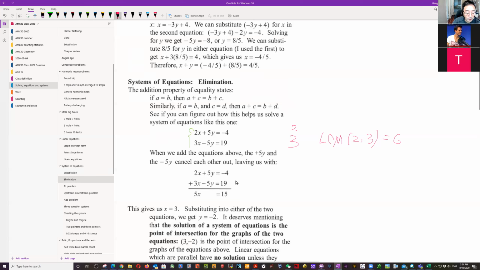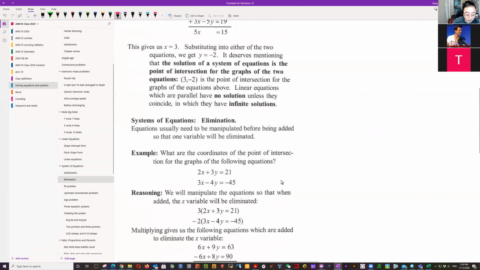So basically, in elimination you do the LCM of the different coefficients first. For this one I can eliminate either x or y. For x, the LCM of 2 and 3 is 6, so I synchronize both to 6.